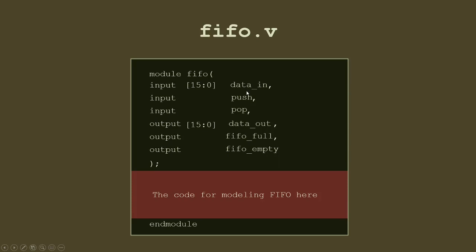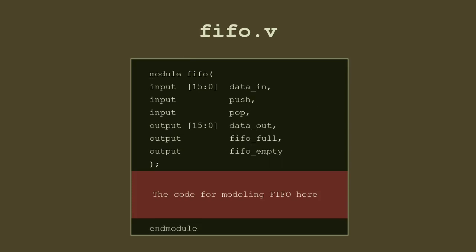If it comprises multiple bits, for example 16-bit data, we'll write 15 colon 0. We read it as 15 down to 0, so 0, 1, 2 up to 15 will be 16 bits. In this case, we are assuming that our FIFO can store 16-bit data samples. Okay, so this can be a module, and then we'll write code for modeling the FIFO here.